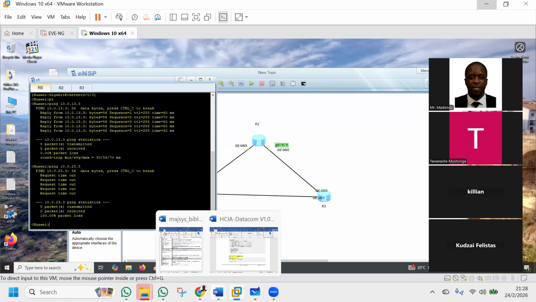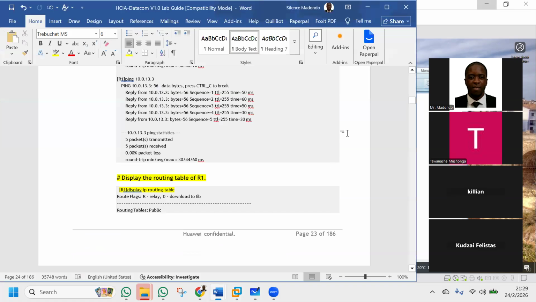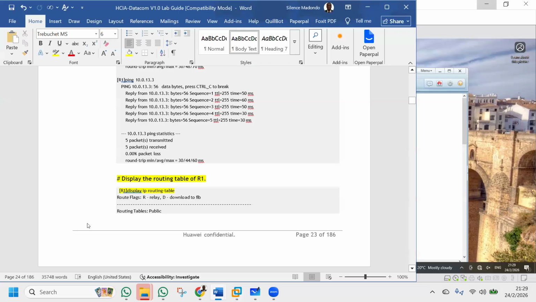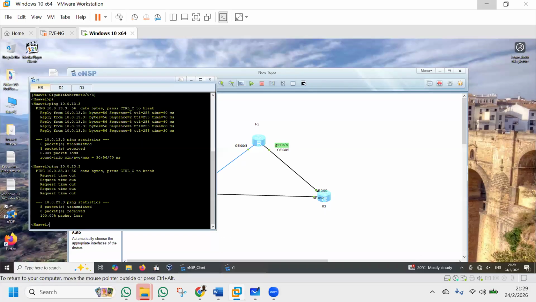I can show my routes using this command, display IP routing table. That command is used to show the routes that I have. So I'm on R1.